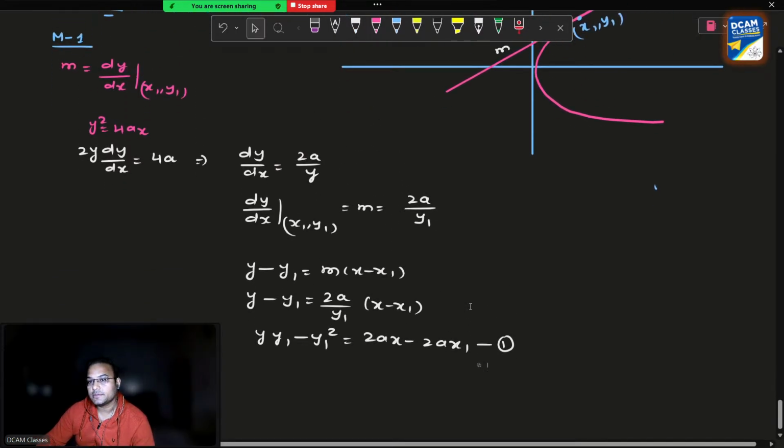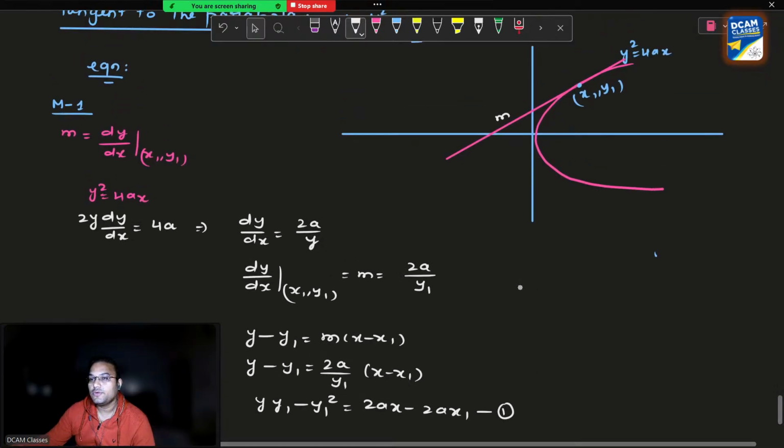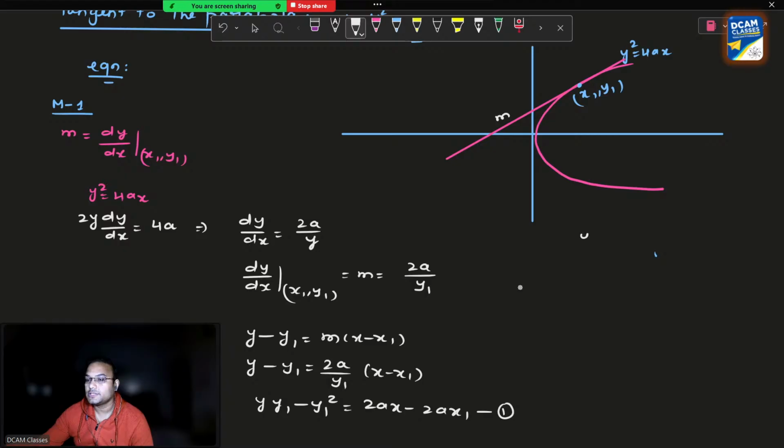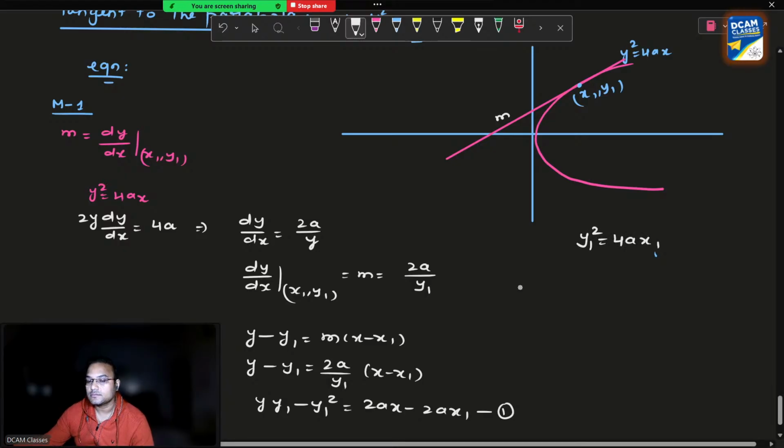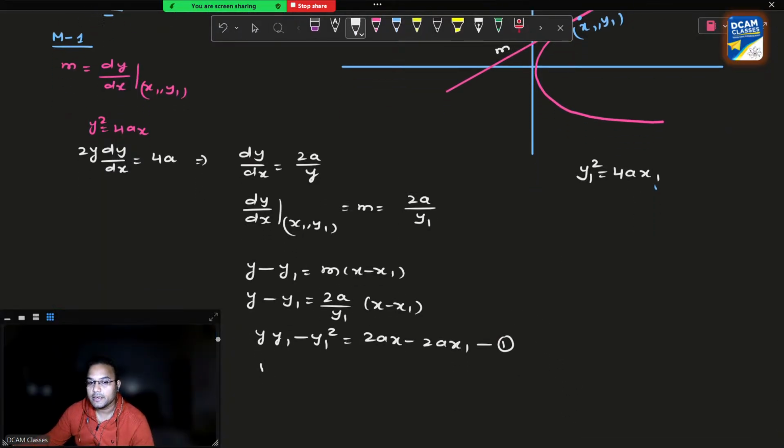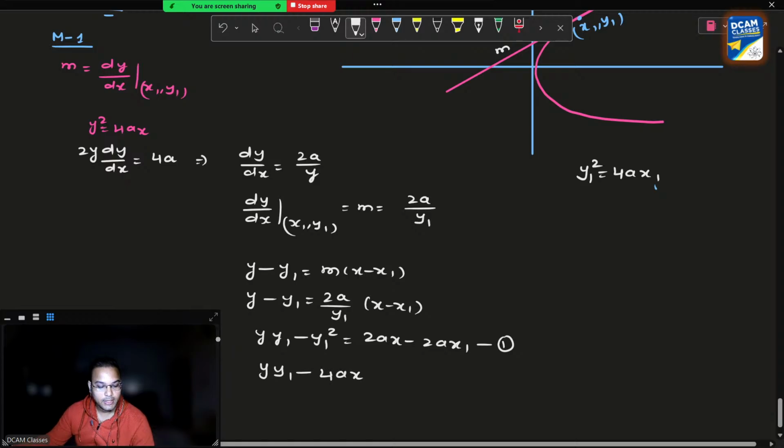But one more thing you can do is, (x1, y1) lies on the parabola also, so it should satisfy it. So y1 square will be equal to 4ax1. So I can substitute that part here. y y1 minus 4ax1 is equal to 2ax minus 2ax1.